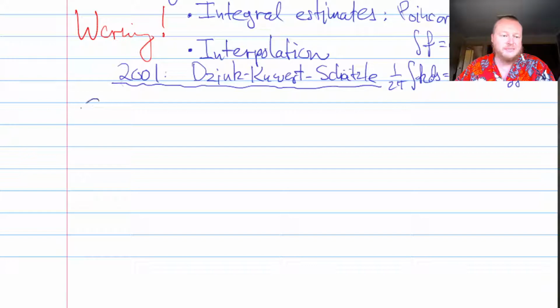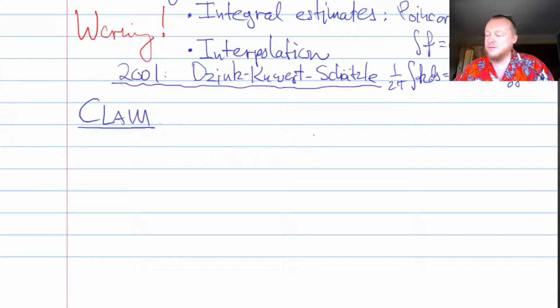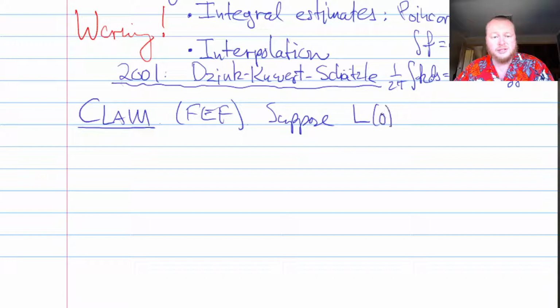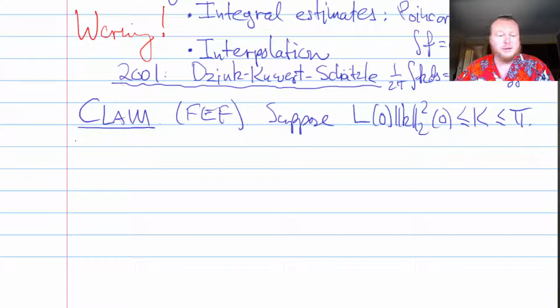So we're going to make a claim. This is going to be for the free elastic flow. So say we have a solution to the free elastic flow, and suppose that that solution initially has length times L2 norm of curvature below some number k, which is also below pi, then for all time, that is true.